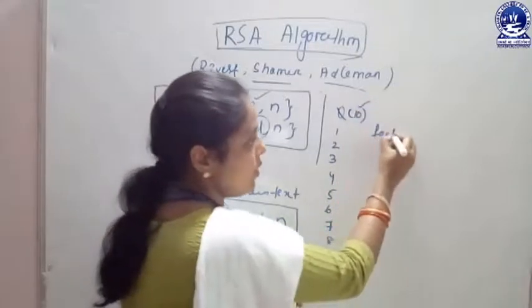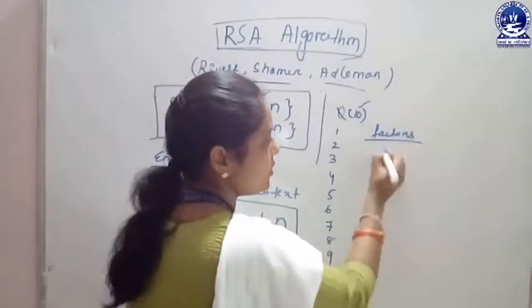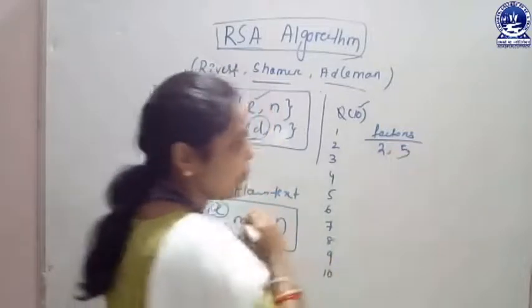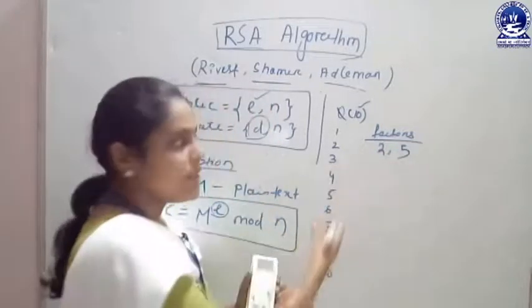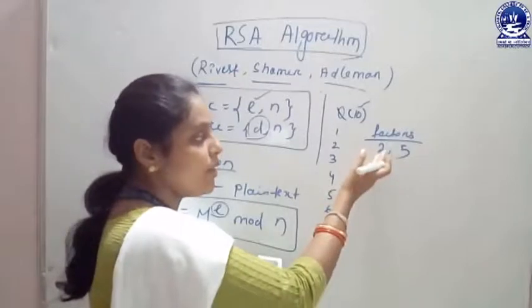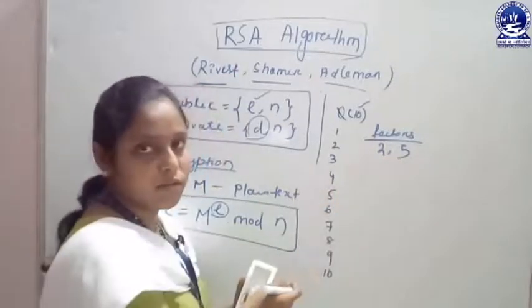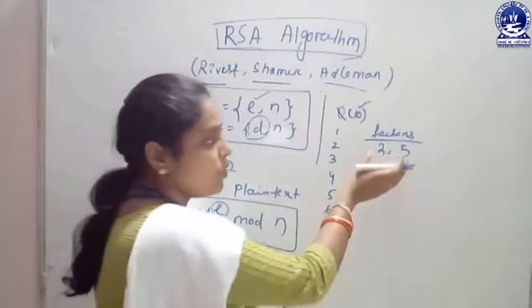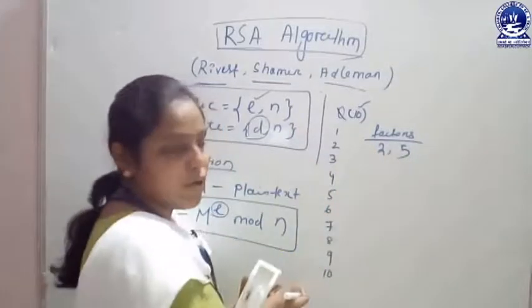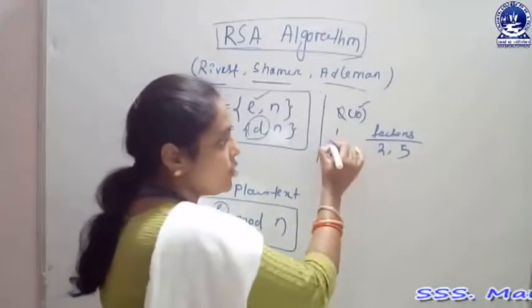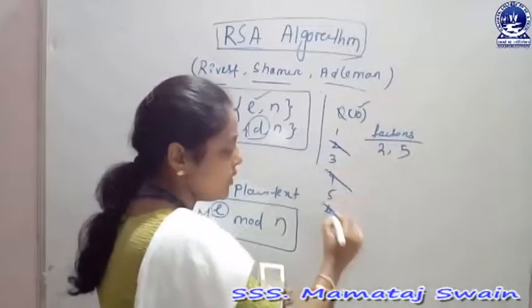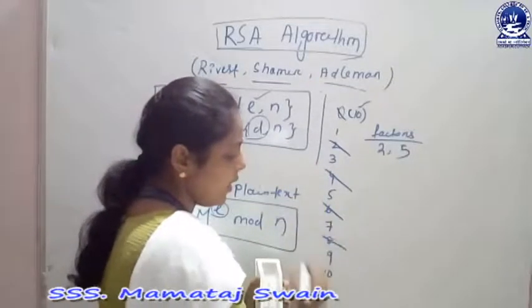That means here the factors are 2 and 5. After taking this, you calculate the multiples of these two factors. Here we check the multiples of these two numbers, that is 2, 4, 6, 8, 10.